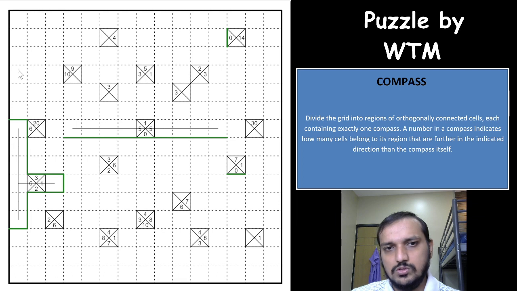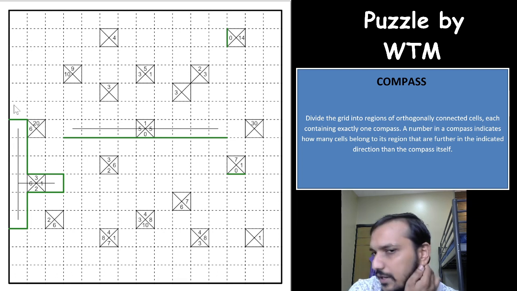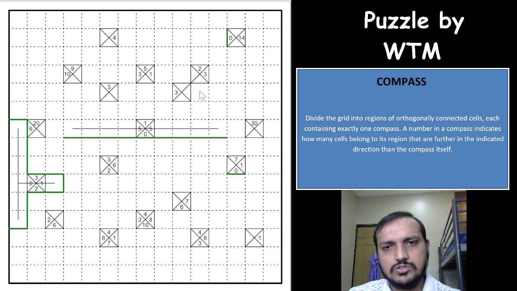Now 1, 2, 3, 4, 5, 6. 6 means 90, out of which 7 are gone, 83, 50 are here, 59, 62, 67, 69, 69, this cell is a 70, 3, 4, 5, 6, 7, 8.